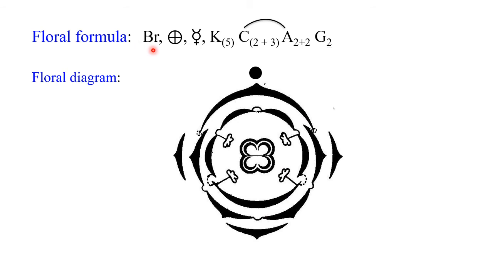Floral formula: it is bracteate. In some cases it is ebracteate also, so there it will become EBR. So here it is bracteate, actinomorphic, bisexual, calyx 5, means sepals are 5 in number, and gamosepalous. Corolla is 2 plus 3, so 2 upper and 3 lower.